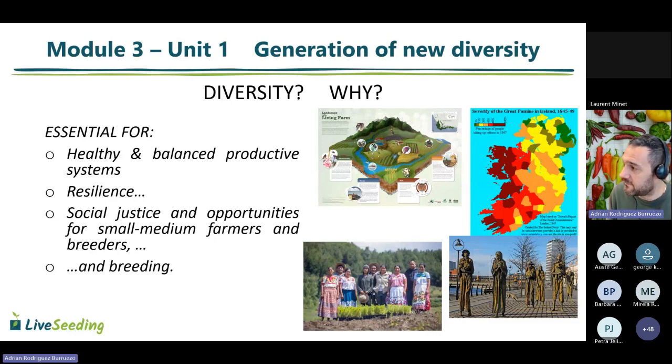And if our productive system is very limited in terms of genetic diversity, with a narrow genetic background in terms of varieties or in terms of varietal diversity, we can have many problems. Probably many of you are familiar, but I'm giving you the example for those who are not familiar.